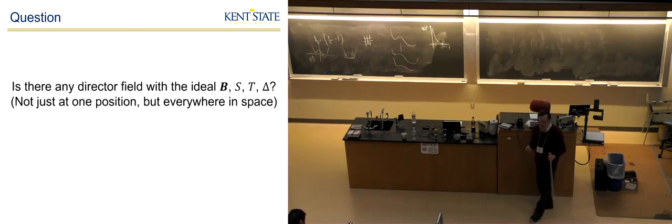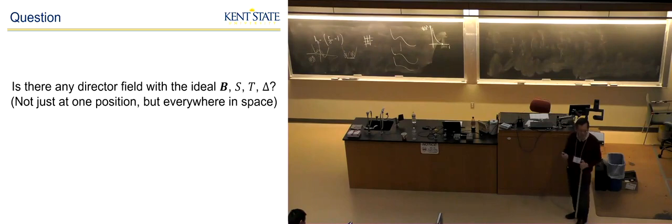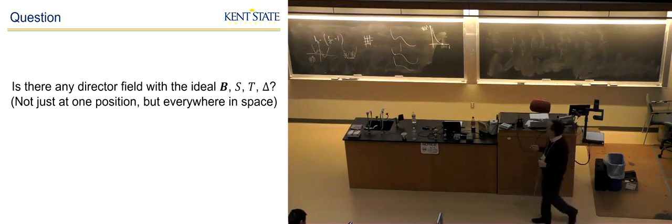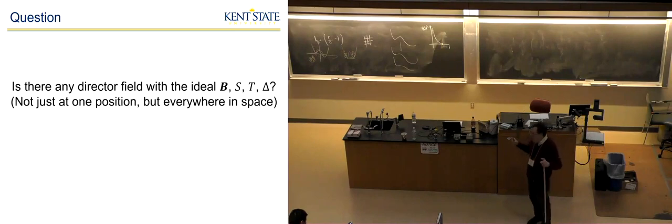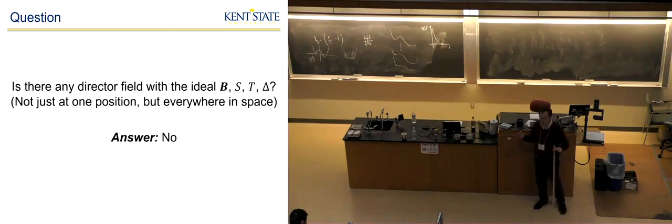Is there actually any director field that has the ideal bend, splay, twist, and delta, not just at one position, but everywhere in space? I know what the ideal local structure is, but is it possible to put the ideal local structure everywhere in space? The answer to this question is no.